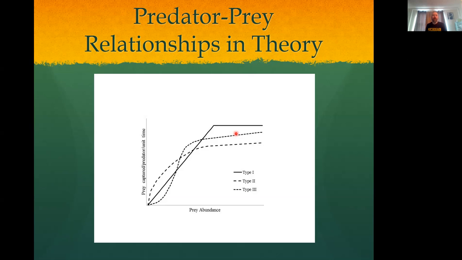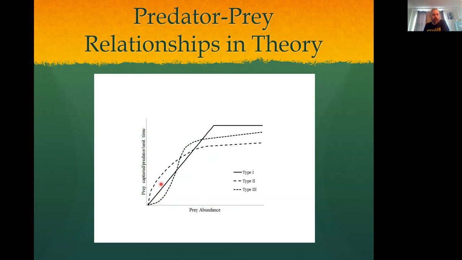So for type 1, this solid line, what we see first off is that for every increase in prey, we see a corresponding direct increase in prey capture rates, right? So the more of them there are, the easier they are to catch.